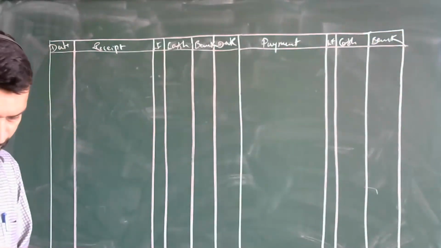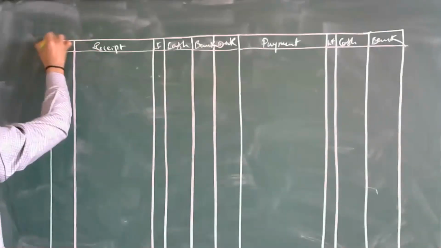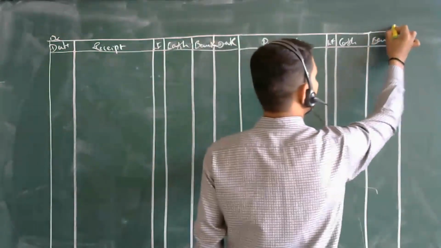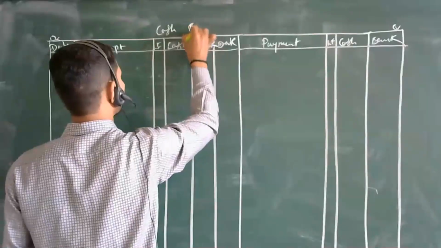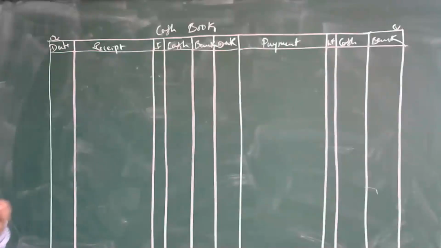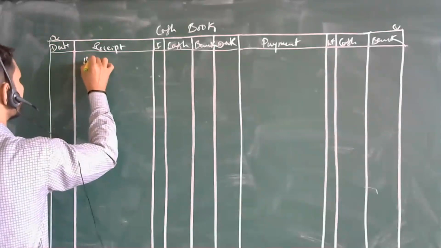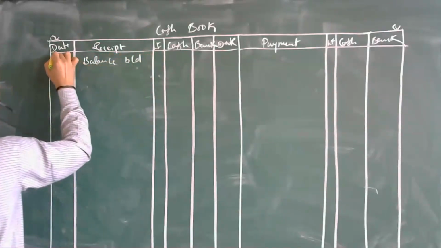So shall we start over here? Yes, sir. Okay, as usual in a cash book you can see the opening balance where we take here. Balance brought down on 1st September.